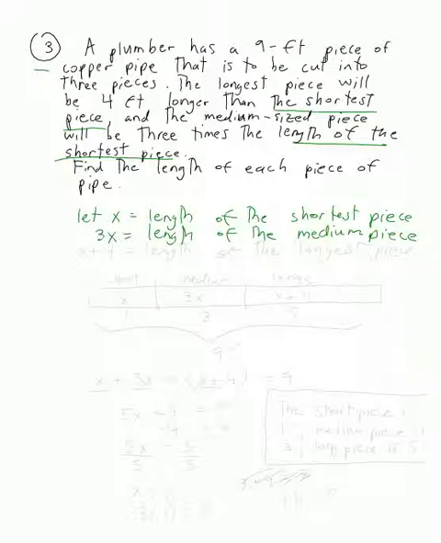It says the longest piece is 4 feet longer than the shortest piece. Well, the shortest piece is x, remember. So that means that the largest piece is going to be x plus 4. This is the length of the longest piece.